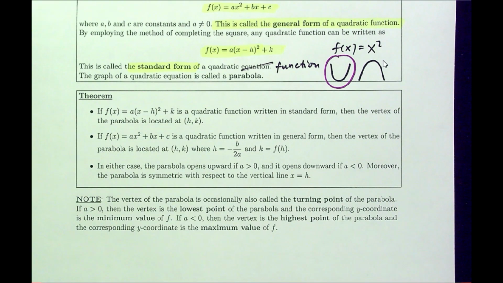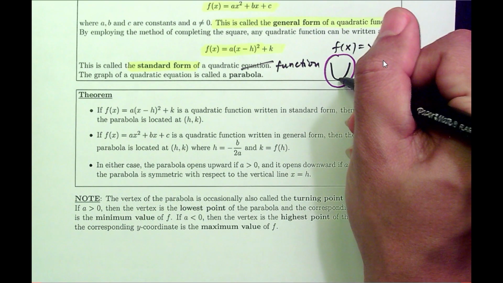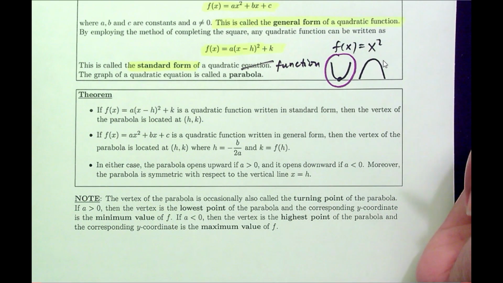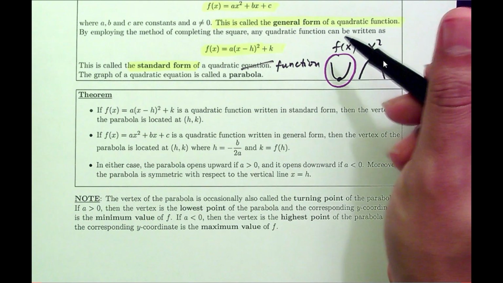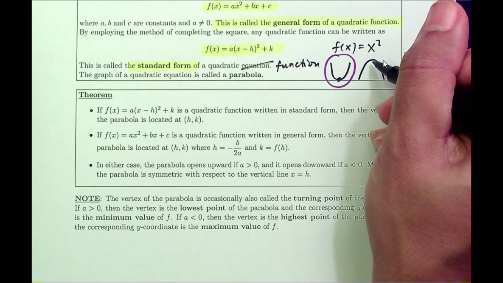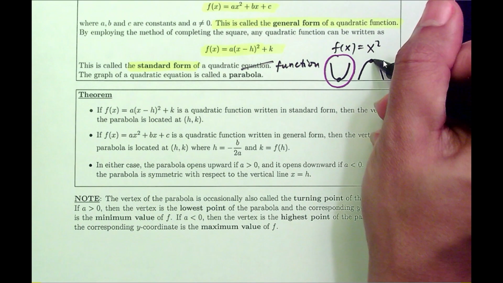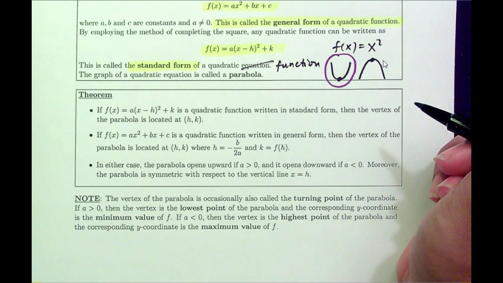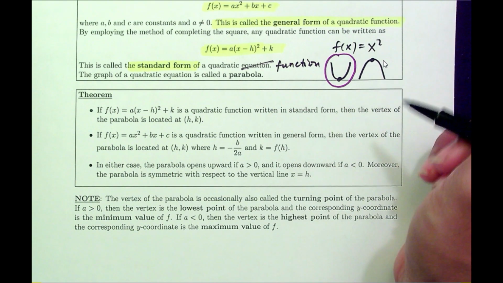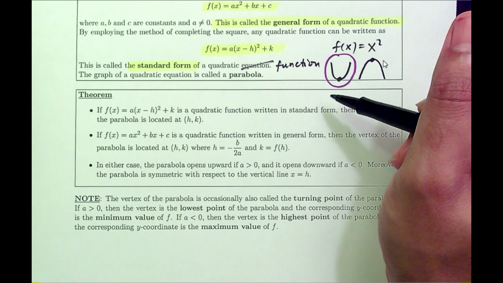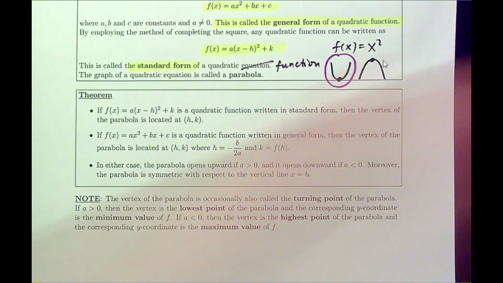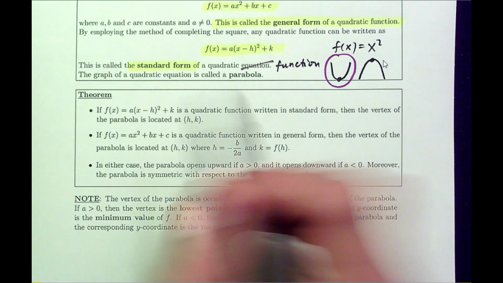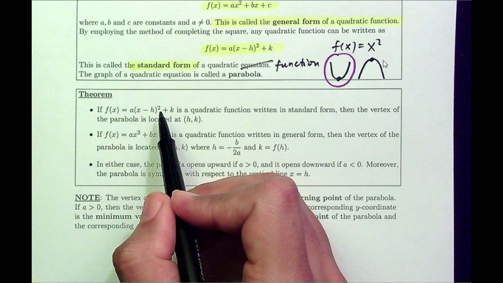The vertex is this point right here, which is either the lowest point if it is a parabola that is opening up like that, or the highest point if it is a parabola that opens down. So it could be the lowest point or the highest point. It's a vertex. By just looking at it, you know the coordinates of that vertex.